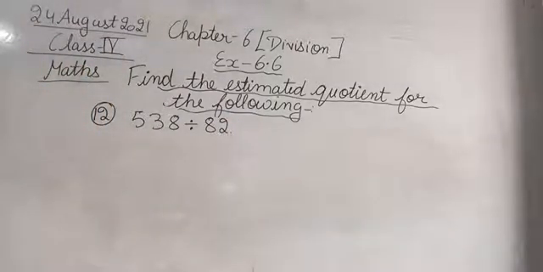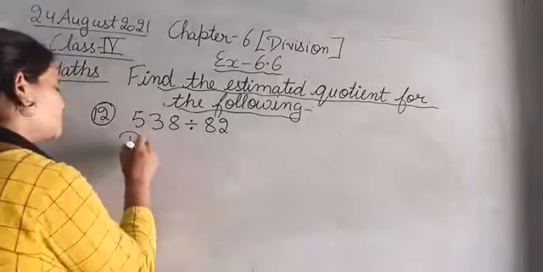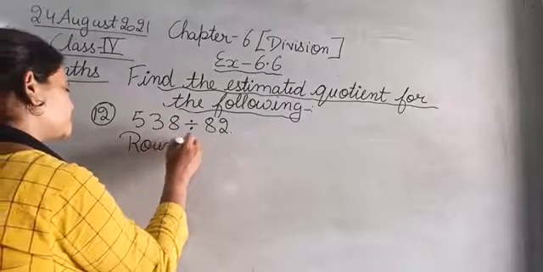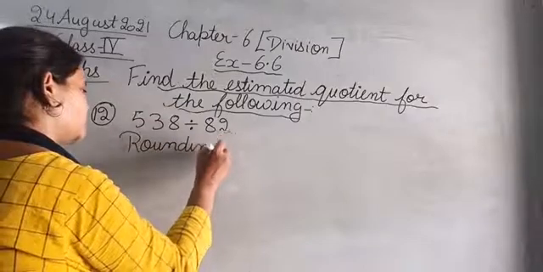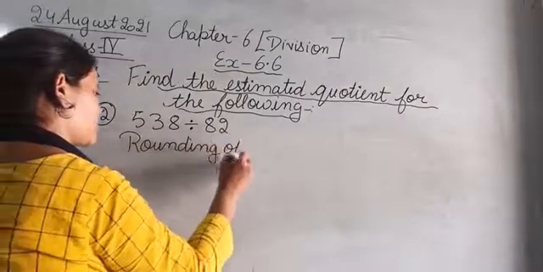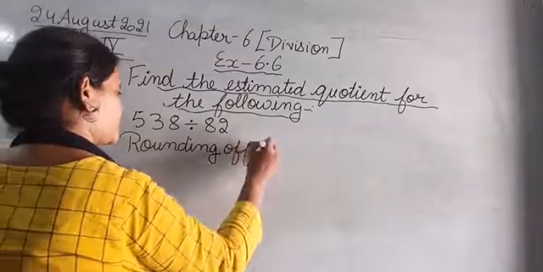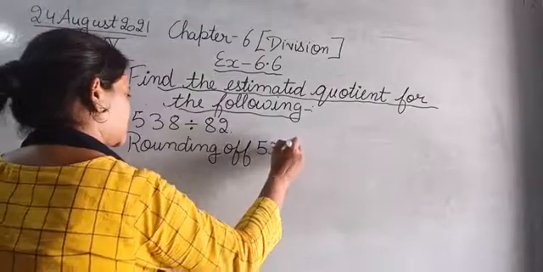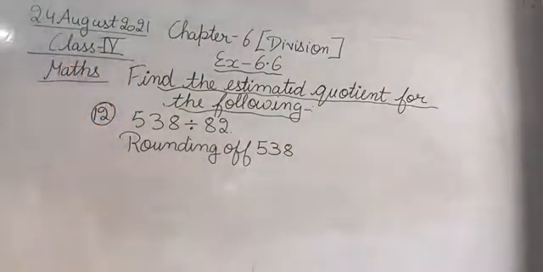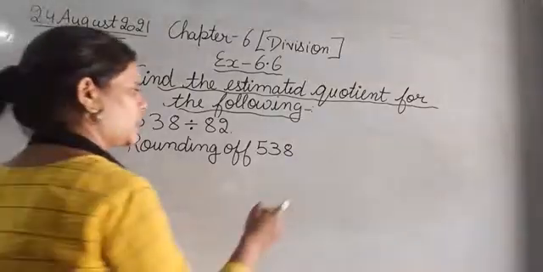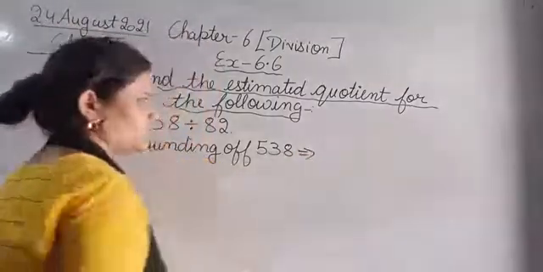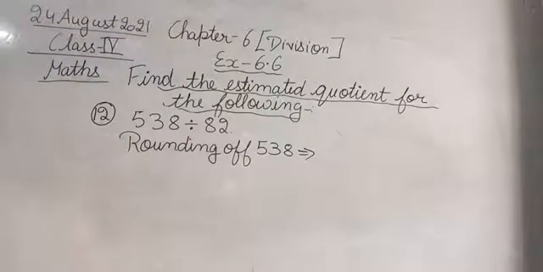Okay, so for dividing this, first of all we have to round it off. Rounding off 538. Again, 538 is a 3-digit number, so we are going to round it off to the nearest 100.